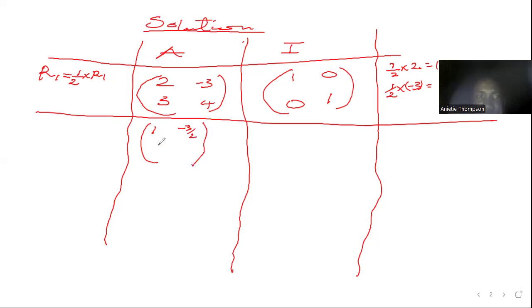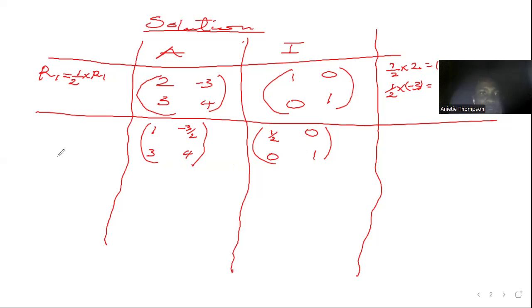I will repeat row 2 because I didn't touch that row. So then 4. All right. So here will become 1 over 2, and here 1 over 2 times 0 is still going to be 0. So this is going to be 0, and this is going to be 1.